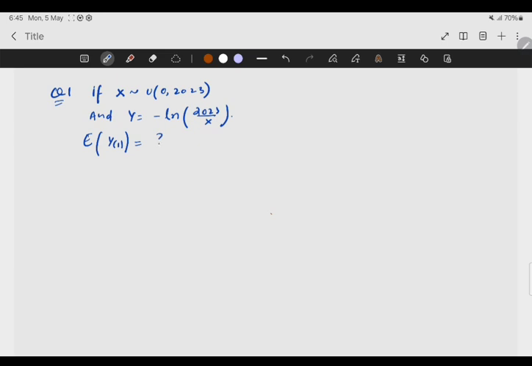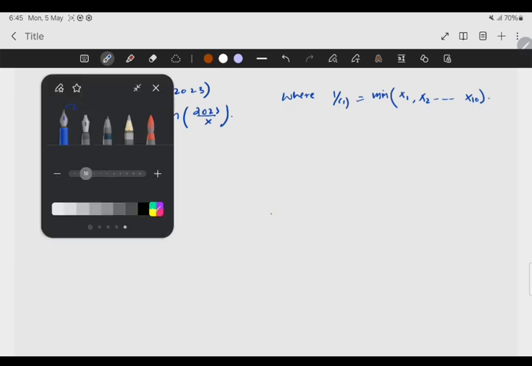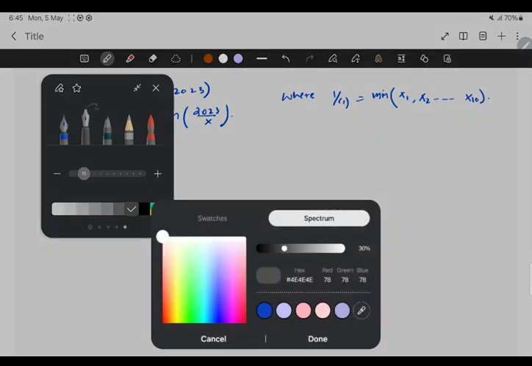We need to calculate this, where Y1 is minimum of X1, X2 up to X10. Clear? So we need to find the expectation of this. Let's see how we can approach this type of question.